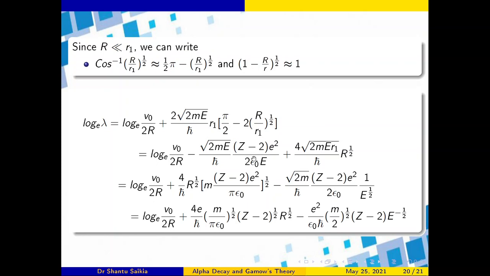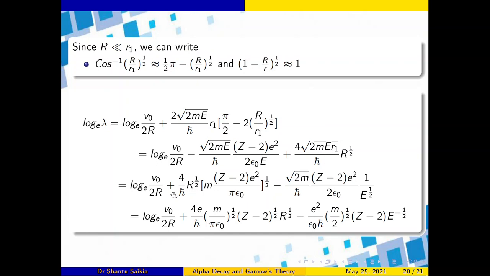atomic number, what we are doing here is basically putting R in terms of, when R is equal to R1, E is equal to V. Using that, we are putting the value of R1 in terms of the atomic number. So this comes as this, and we are writing in terms of E, the energy of the alpha particle.